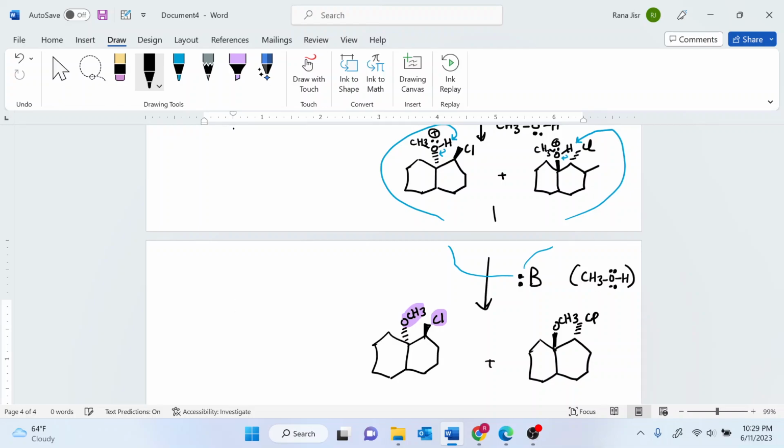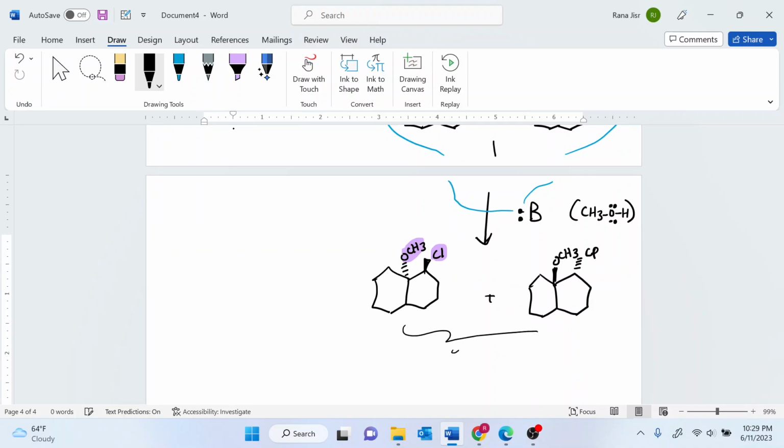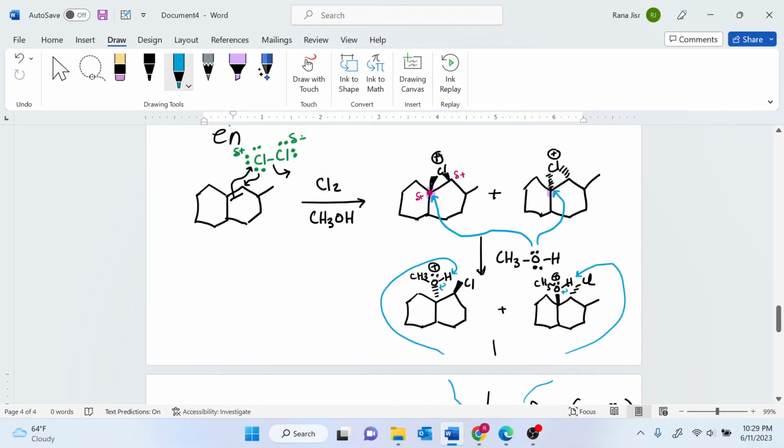So this is going to be a chlorine, and these two are going to be a pair of enantiomers in this case. I have 2 chiral centers, a chiral center here and a chiral center there. And these 2 chiral centers are different for both. So these are my 2 optically active products. And they are optically active again because they are coming from an optically active reactant.